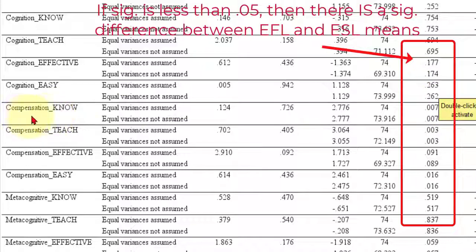So compensation no. There was a significant difference between the EFL and the ESL, right? Same with compensation teach and compensation effective. Again, it's kind of borderline, it's kind of small, but it was definitely there for compensation easy. So I'm looking at the compensation ones, and they're basically all significantly different.